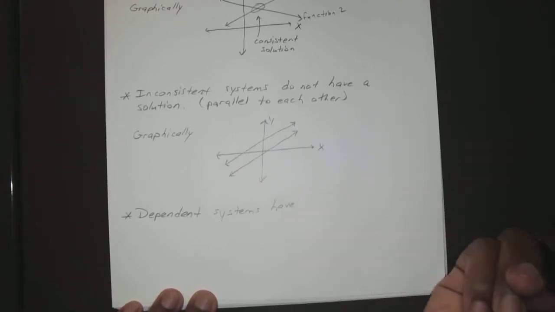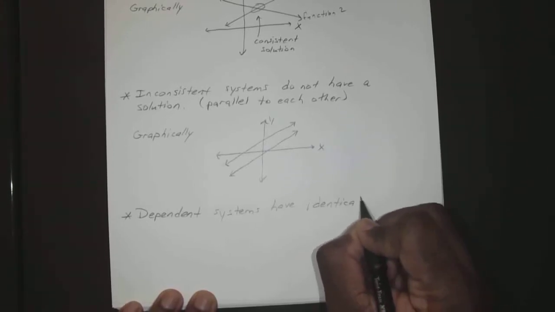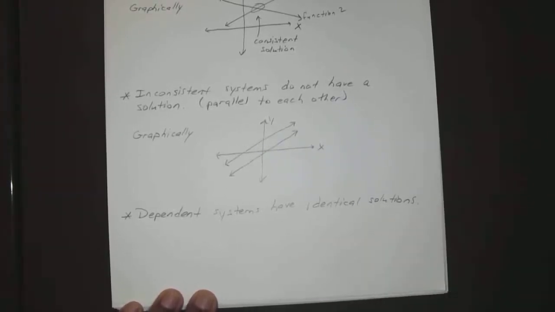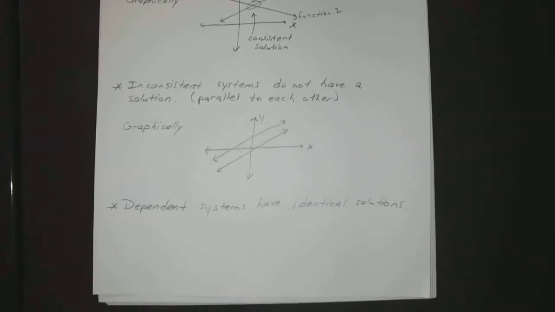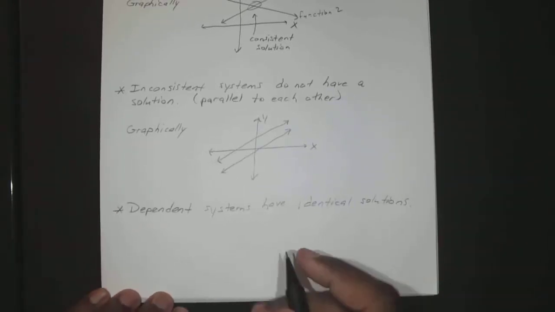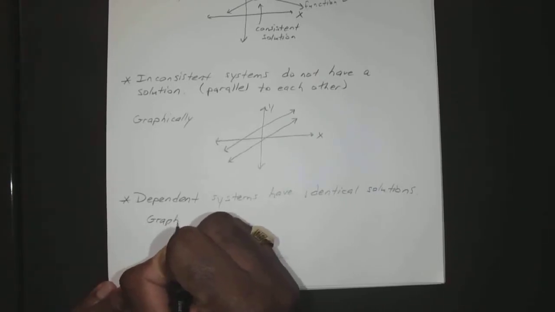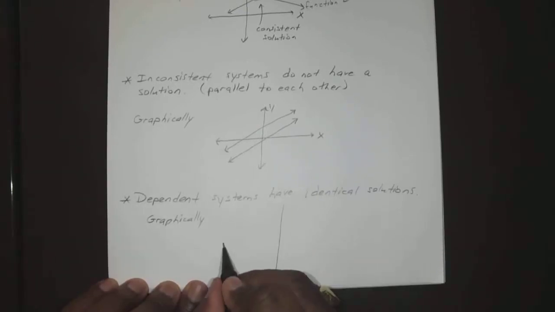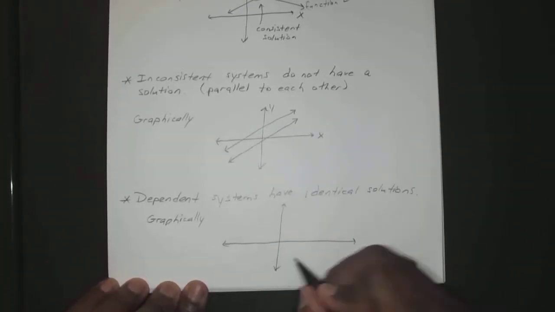Dependent systems have identical solutions. With this one, the graph is a little hard to explain unless you see it drawn out.